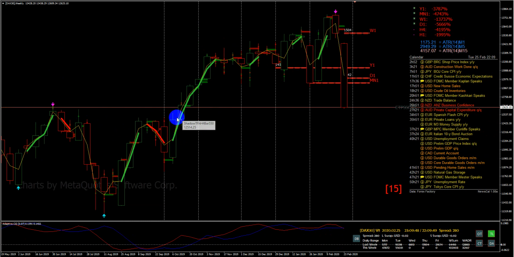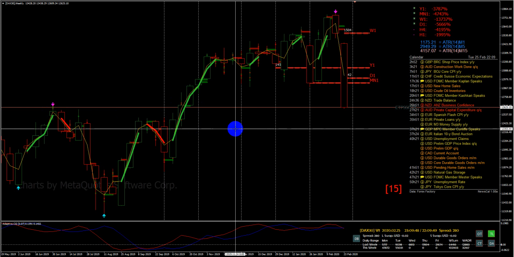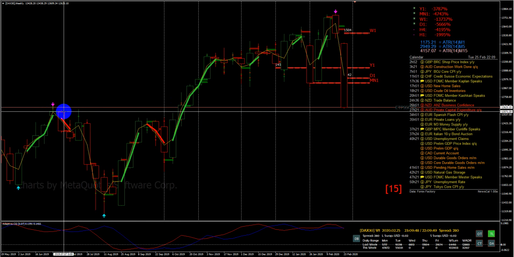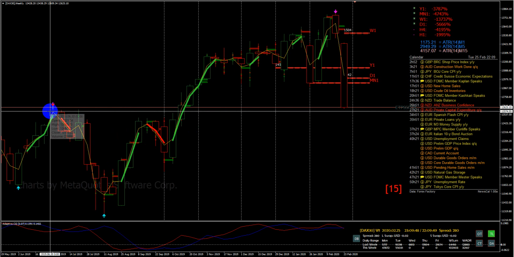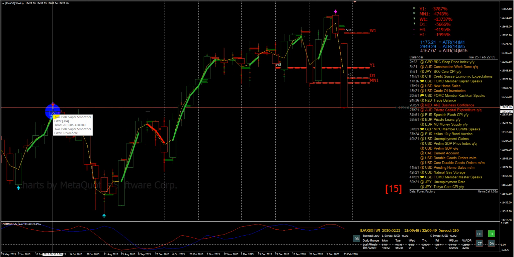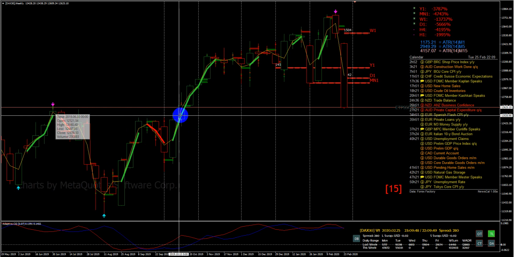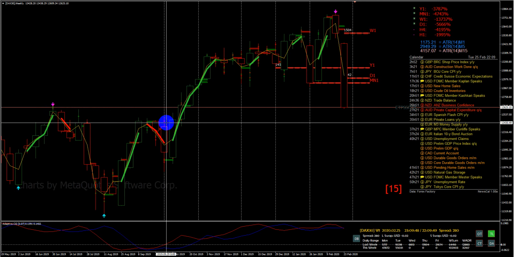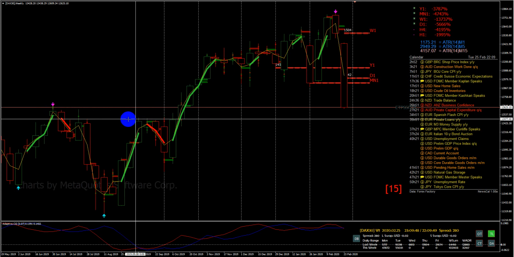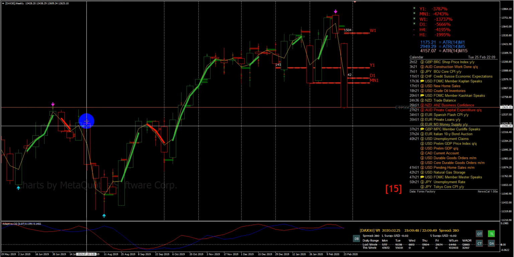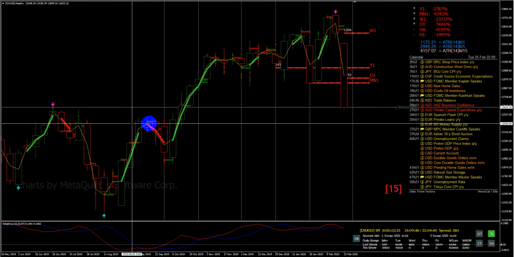So in other words, it could be a zero line, or it could be some kind of an important support resistance level, like for example right here, we have a certain resistance level that later became support. Also we have something right there, which could be important.